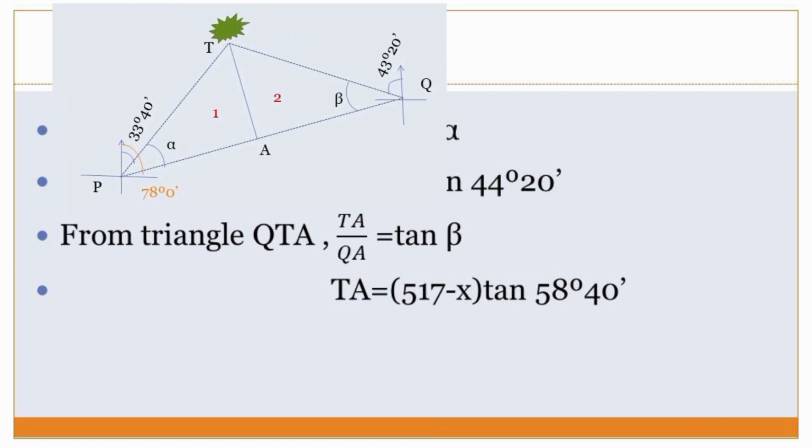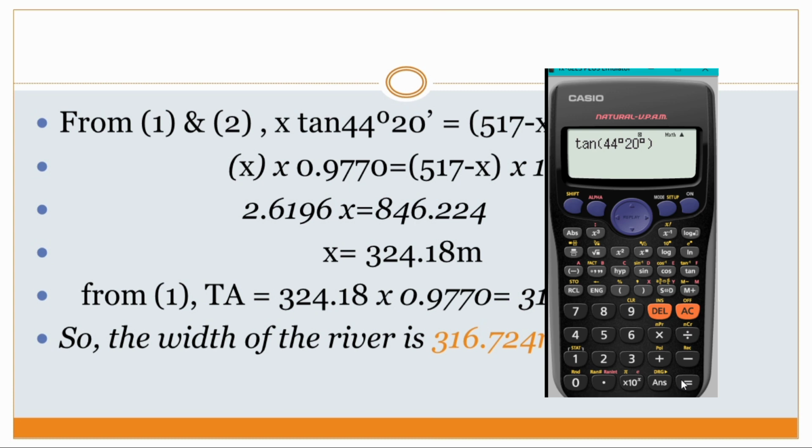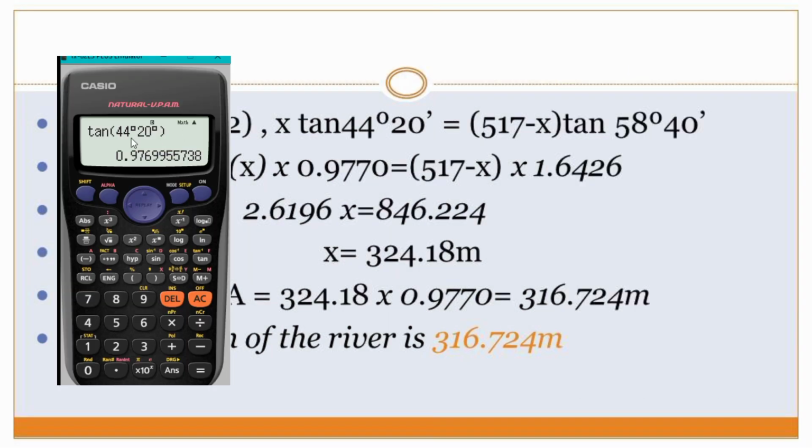So I have those two equations. By comparing equations 1 and 2, x tan 44 degrees 20 minutes is equal to 517 minus x multiplied by tan 58 degrees 40 minutes.